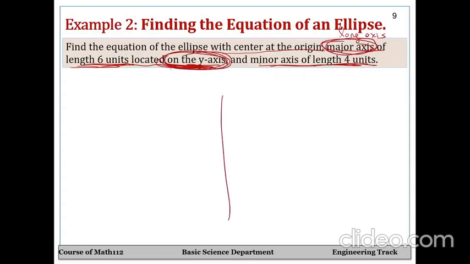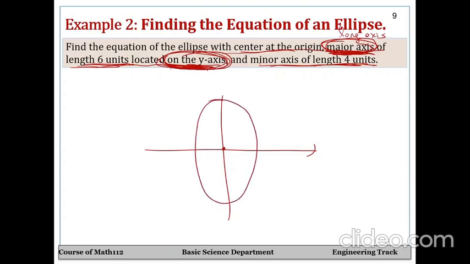It means that when the center is the origin, of course, the long axis, the major axis, will be on the y-axis. So it has to be something like this. The major axis of length 6 means the distance between these two vertices is 6 units.